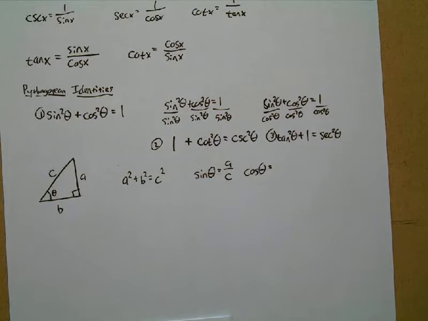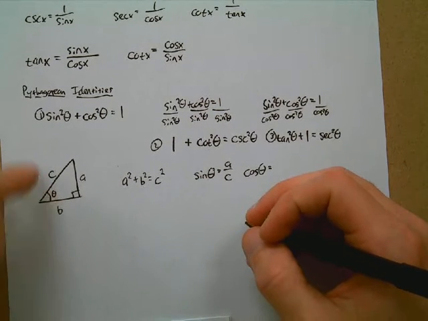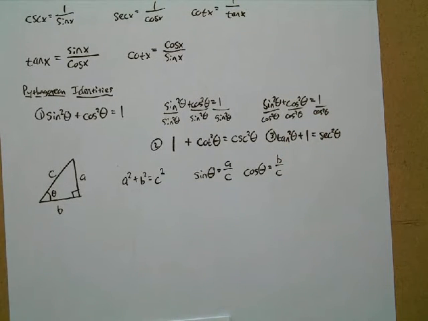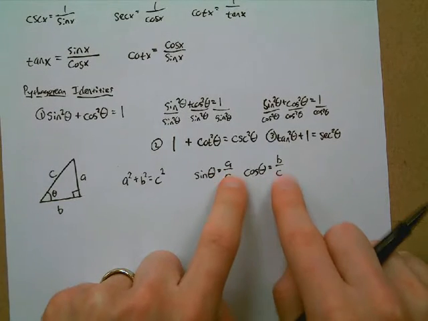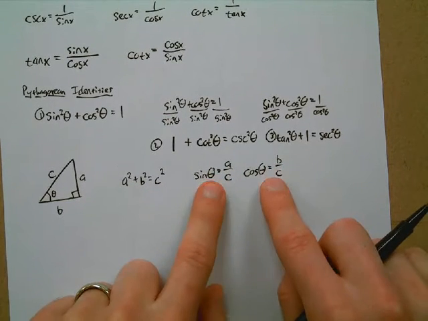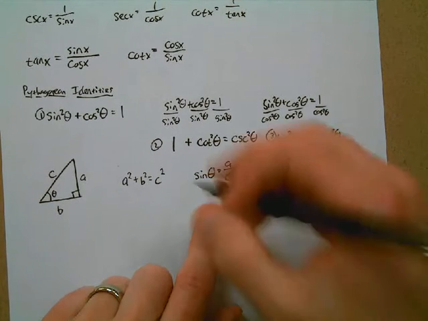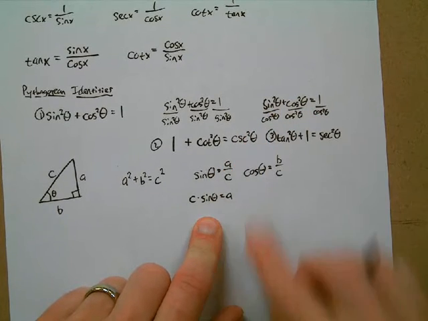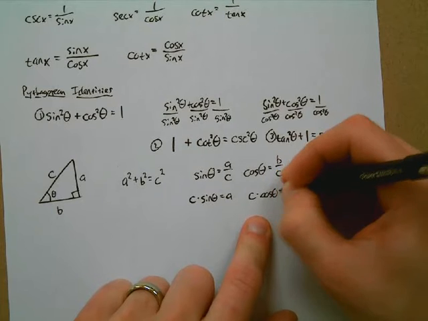Now, with these two trig ratios, we see some of these variables showing up that are also in our Pythagorean theorem. If I manipulate things a little bit, I'm going to multiply both sides by C. We end up with C times the sine of theta equals A. Same idea here, I get C times the cosine of theta equals B, again just multiplying both sides by C. Well, this A and this B are the exact same A and B as the ones in the Pythagorean theorem.